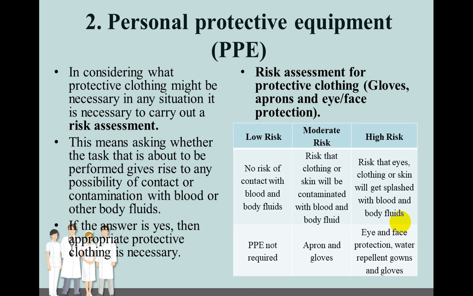Moderate risk: risk that clothing or skin will be contaminated with blood and body fluids, apron and gloves. High risk: risk that eyes, clothing or skin will get splashed with blood and body fluids, eye and face protection, water repellent gowns and gloves.